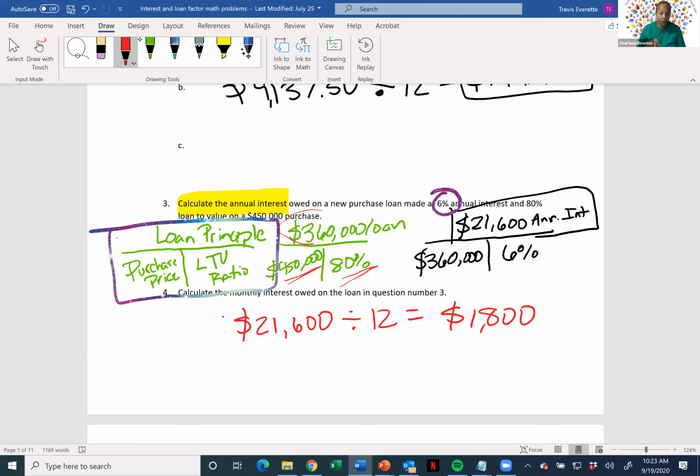So our loan is for 360. So we say 450,000 times 80%. Yep, that's right. And that gives you the $360,000 loan amount, which now we can use to calculate the interest on that loan.